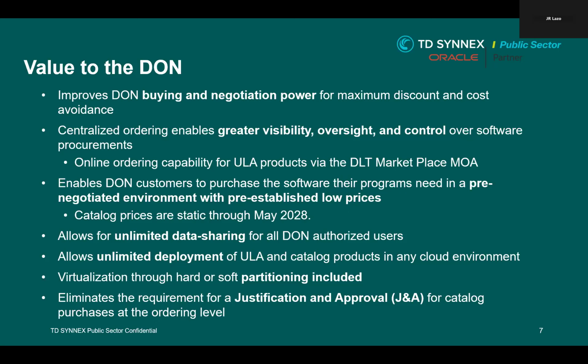The ESLA also eliminates the requirement for justification and approval for catalog purchases at the ordering level. And the last point I want to highlight pertains to licensing virtual environments. This agreement allows Navy customers to reduce costs by using virtual processors as a license boundary for Oracle software license calculations.